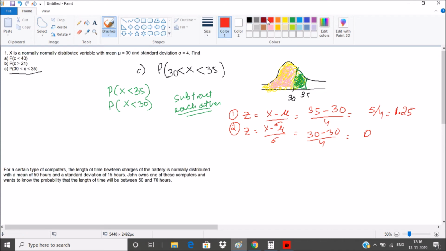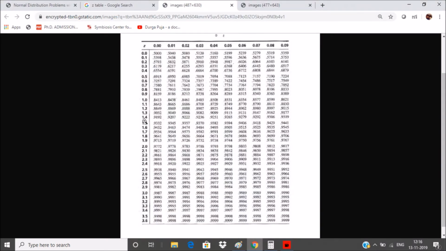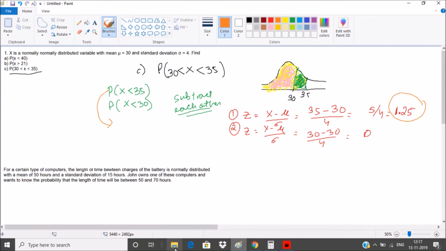Let me now change the color to orange. The probability associated with a z-score of 1.25, which is the probability of x less than 35, is 1.2 on the left and 0.05, which is 0.8944. Right, write that down.